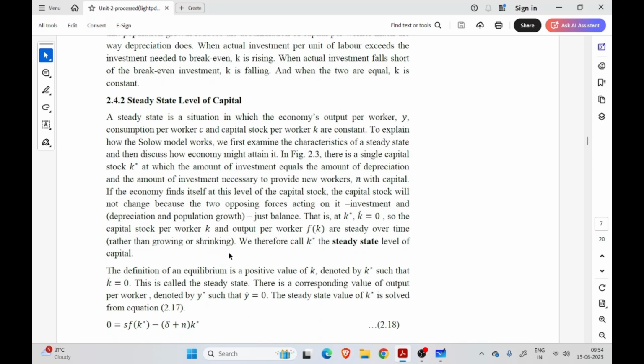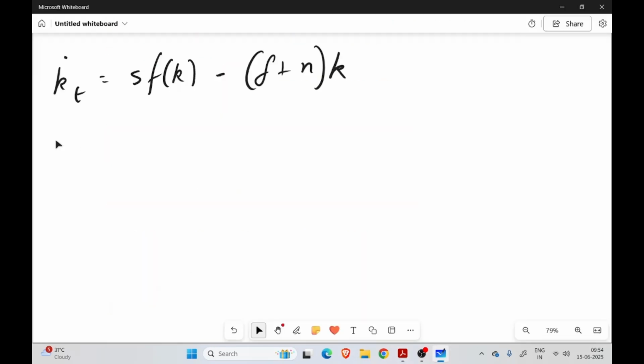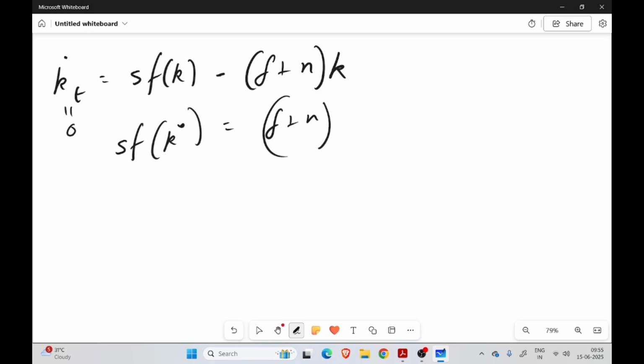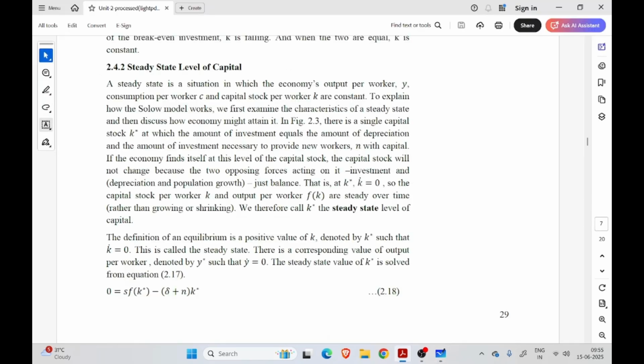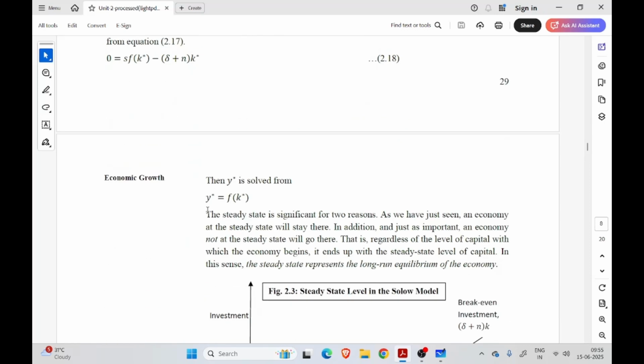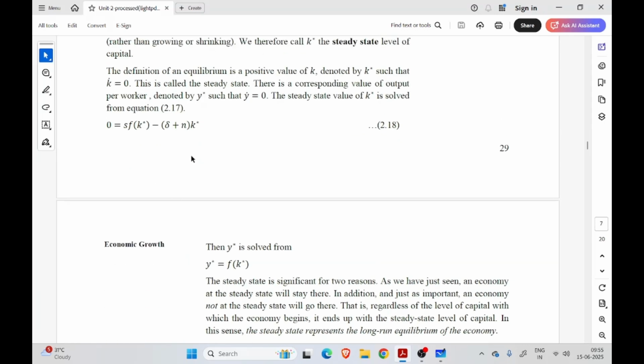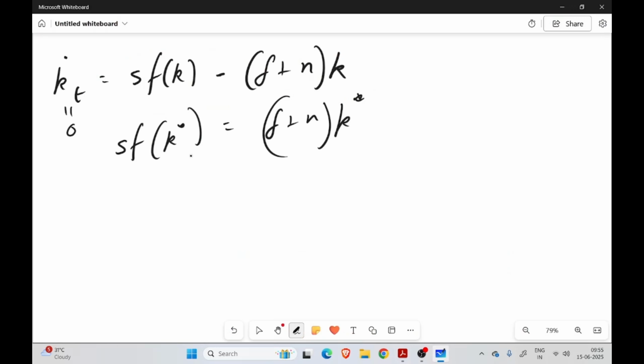So, what will be the formula for this? We set K dot to 0, therefore s f(k star) becomes equal to (delta plus n) k star, and the solution of this equation becomes the steady state level of K. We put that K star in Y equal to f(K), and we get the steady state level of output.